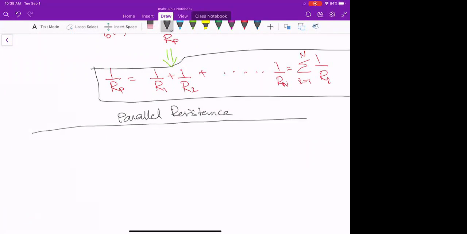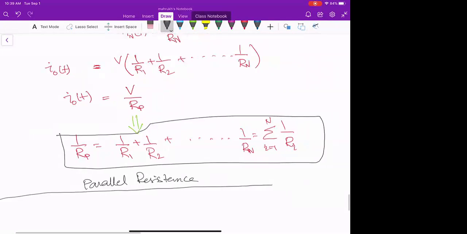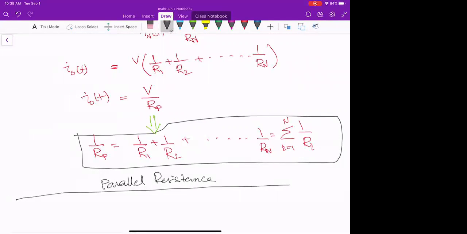Another interesting phenomenon here, and you will do this in ENG 214 as well, is that if you connect the resistances in parallel, the equivalent resistance, the RP, will be lesser than the smallest resistance you have in the network.